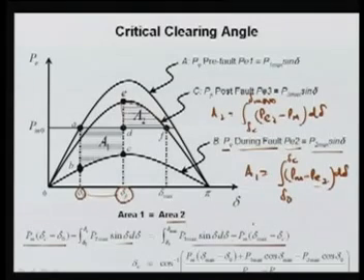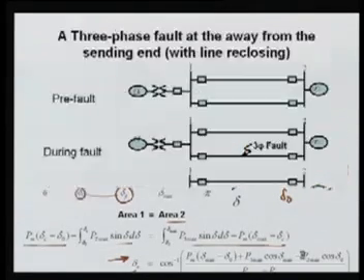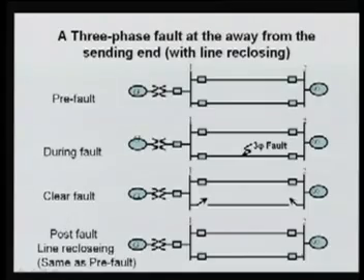And you can see this PM delta C here, PM delta C on this side, it is plus and minus, so it will be cancelled out. So we can determine this delta C, the critical clearing angle: it is the cosine inverse of PM times (delta max minus delta naught) plus P3 max cos delta max minus P2 max cos delta naught, divided by P3 max minus P2 max. So we can determine the critical clearing angle for the different cases.